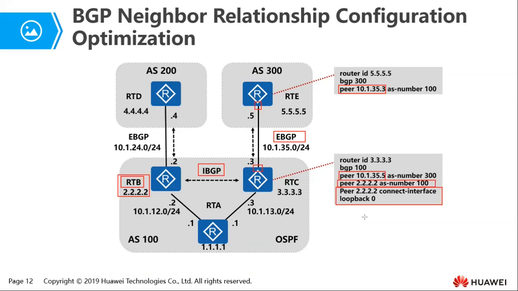So establishing IBGP neighbor relationships through loopback interfaces is more reliable because the interface will always be up and it will rarely encounter any issues. And that particular loopback interface is reachable within your autonomous system because you have an IGP.